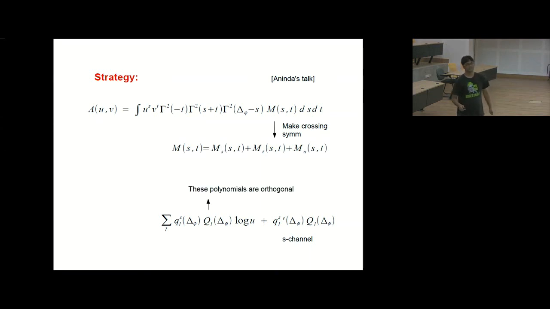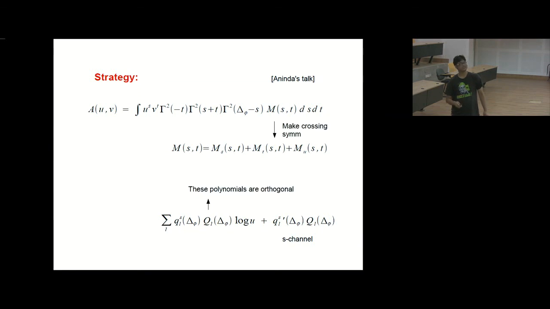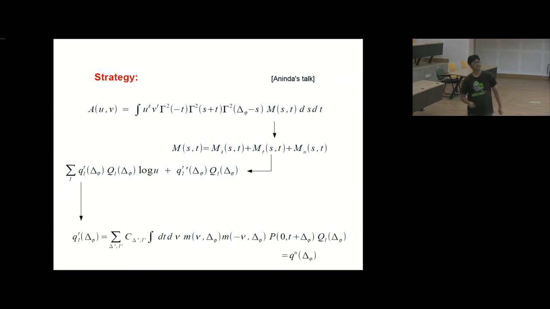Now, the nice thing that we heard in Anando's talk is that the capital Qs here are orthogonal polynomials. And using the orthogonality property of this QL, I have expanded the M's in the other channels, T and U, in terms of the capital Qs. And if I do that, the small Qs look like this.